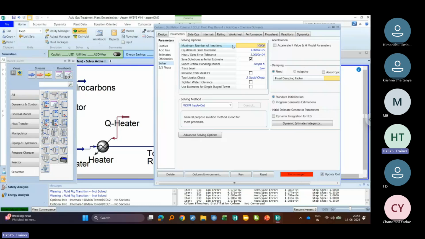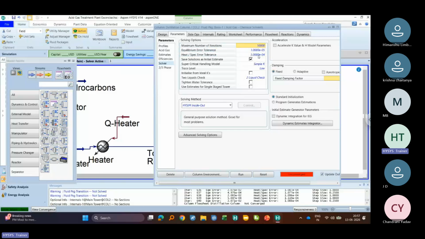Now here we are going to give one value. Keep in mind that whenever the flow sheet is not solved, always make this one change: the heat specification error tolerance and the equilibrium error tolerance should have the same values.